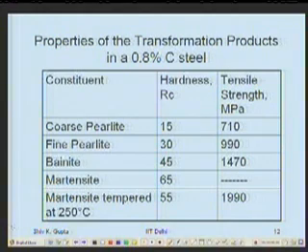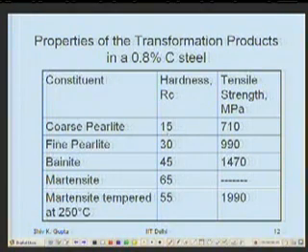The tensile strength is related to the hardness. That's what is shown here. As the hardness increases, the tensile strength also increases. The second thing I'm showing here is the coarse pearlite, where the distances between the ferrite plate and cementite plate are larger.